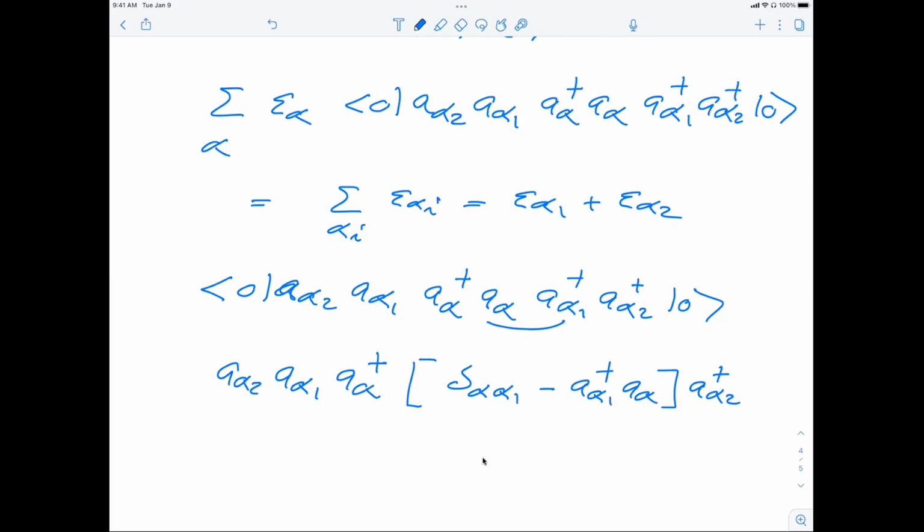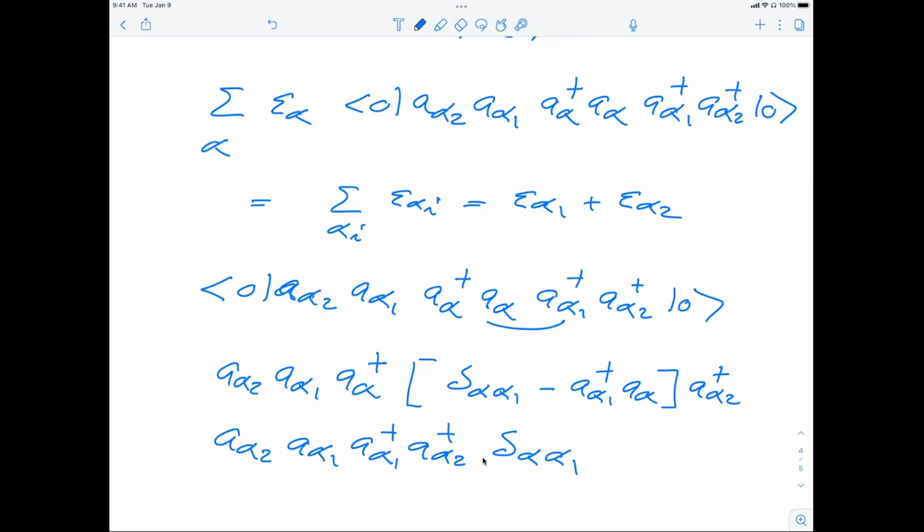So the first term which we have gives us simply a delta alpha, alpha 1, and now I have an a alpha 2 dagger. So let's just write out the first term here. So I have an a alpha 1, a alpha dagger, and then a alpha 2 dagger, and then I have a delta alpha, alpha 1, which means that what I have here is just an alpha 1, right?